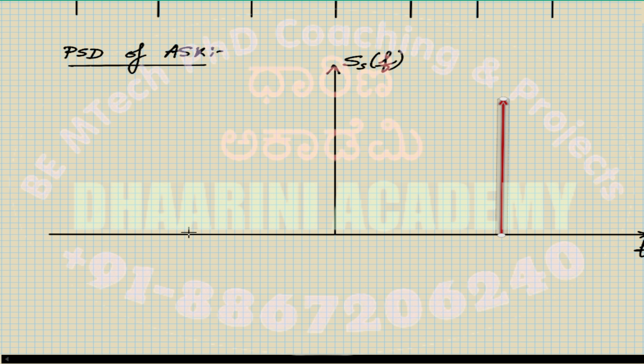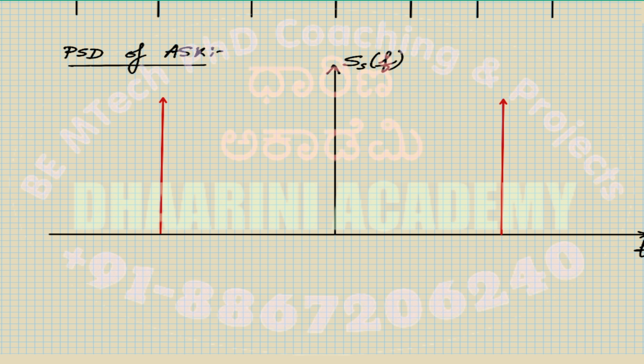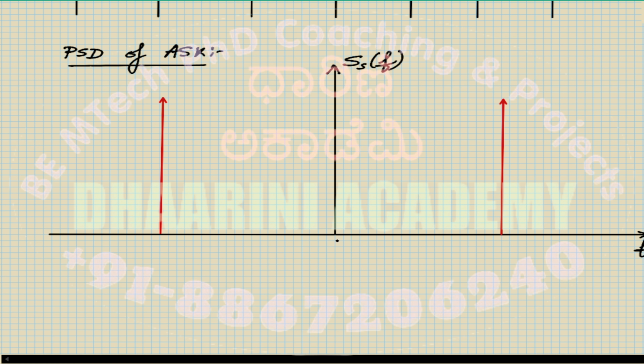These are the two delta functions, assuming they are placed at equal distance from zero. So this is 0 hertz, this is FC, and this is minus FC.